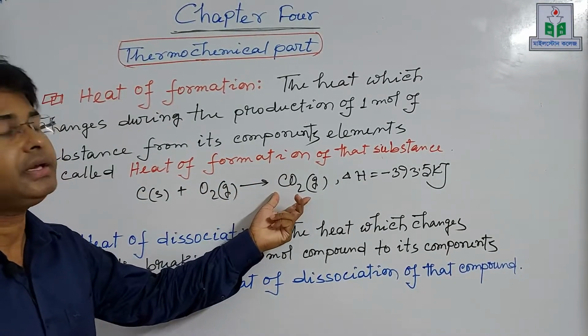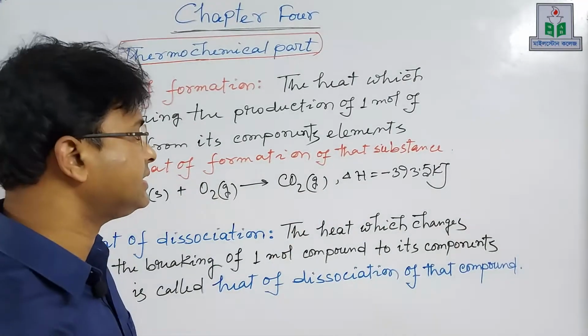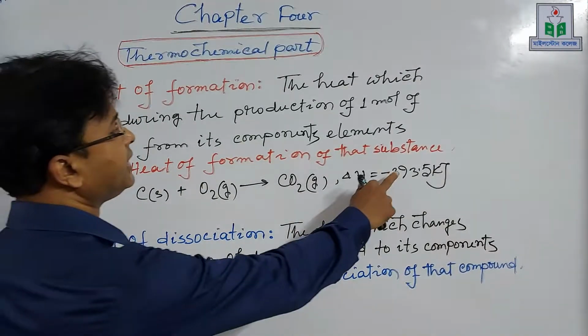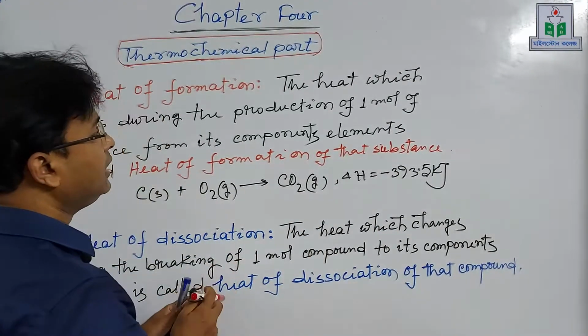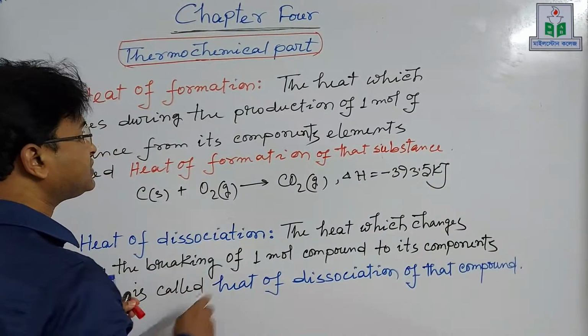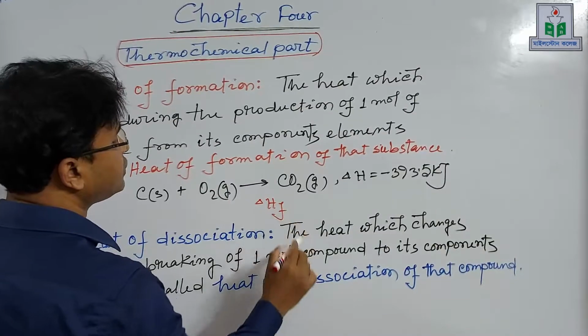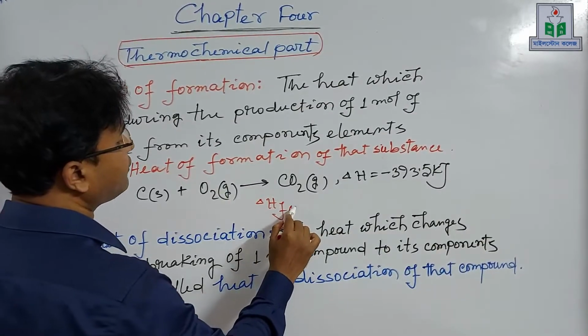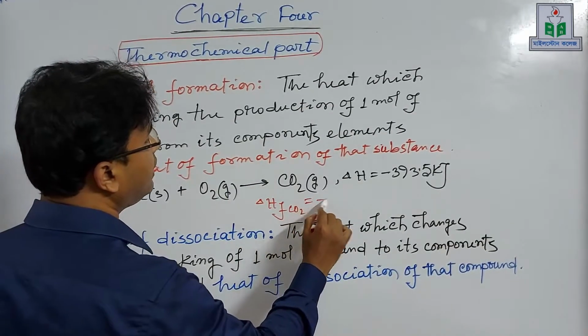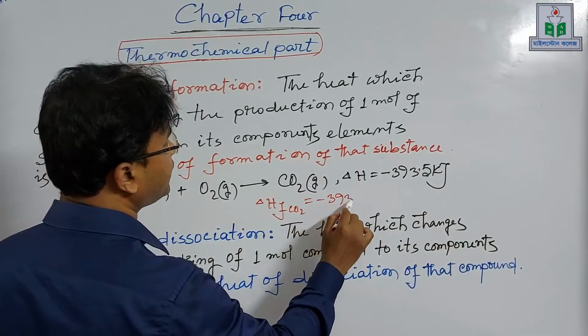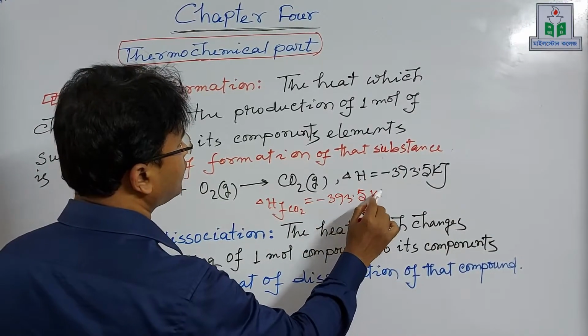I mean heat of formation of carbon dioxide is minus 393.5 kilojoule. Dear students, heat of formation is also denoted by delta HF. So I can write here delta HF of carbon dioxide equals minus 393.5 kilojoule.